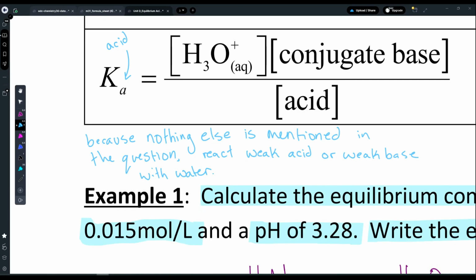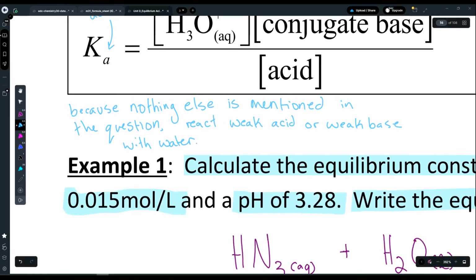So when there's nothing else mentioned in the question that one substance is reacting with, then you just react either the weak acid or the weak base with water. It just depends on what the question's talking about.